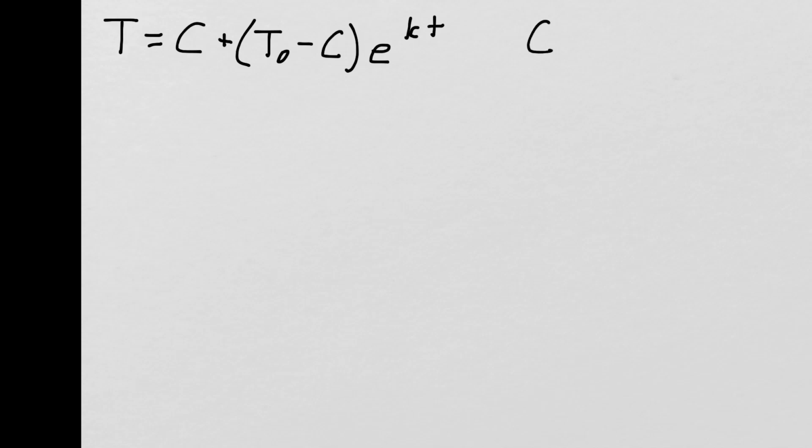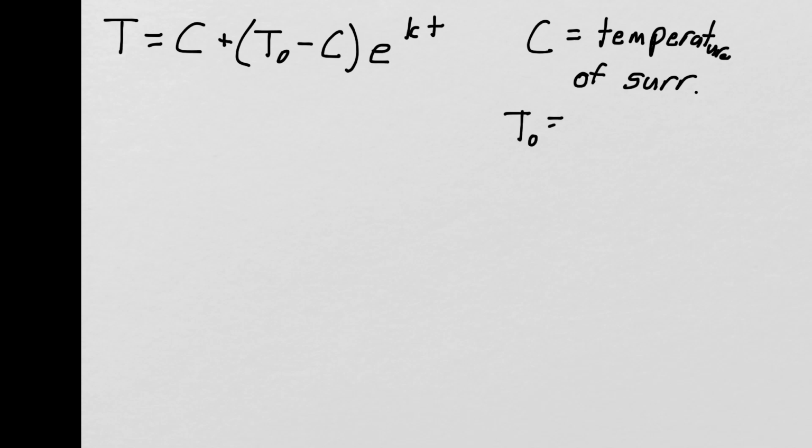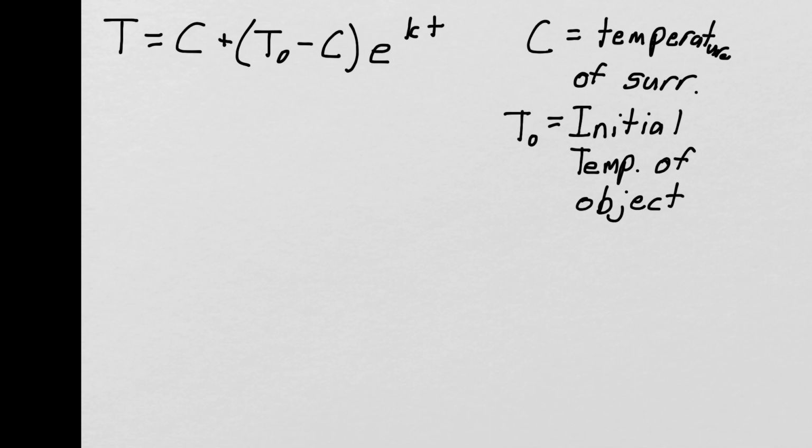Your C is equal to the temperature of the surroundings, and T0 is the initial temperature of the object.